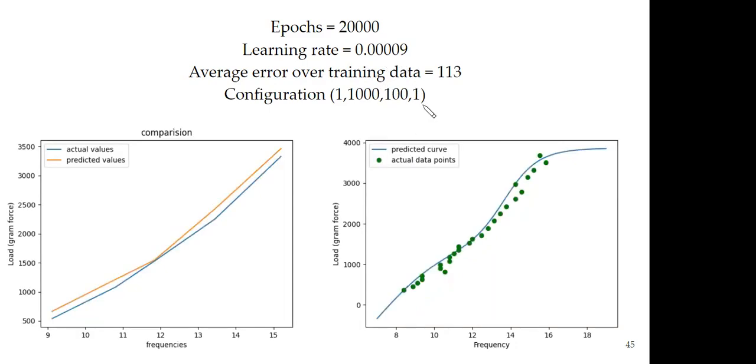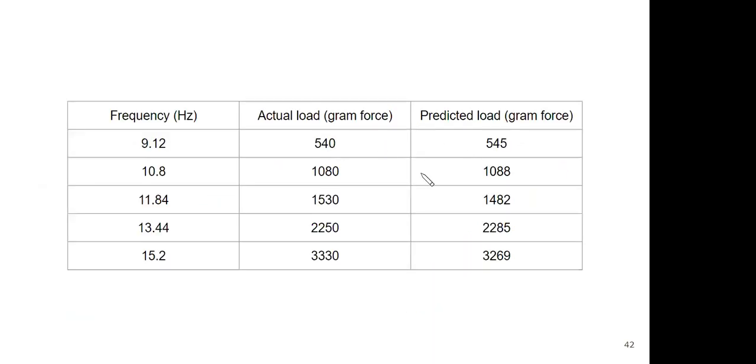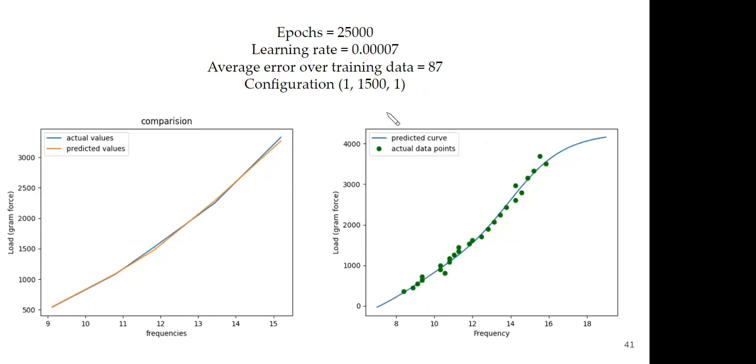This is another learning rate, and also another configuration. Here I have kept two hidden layers, one with 1000 nodes and one with 100. And as far as I have tested, the one that is giving the best results is this one with 1500 hidden layer nodes.